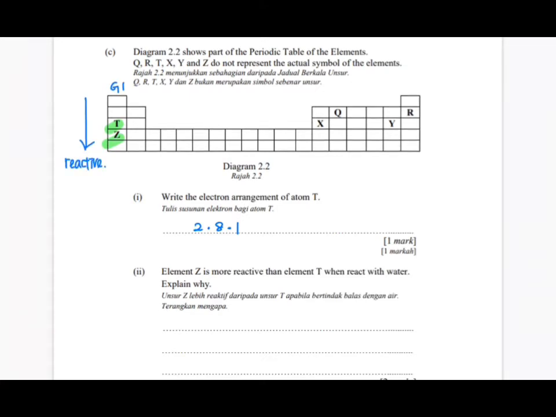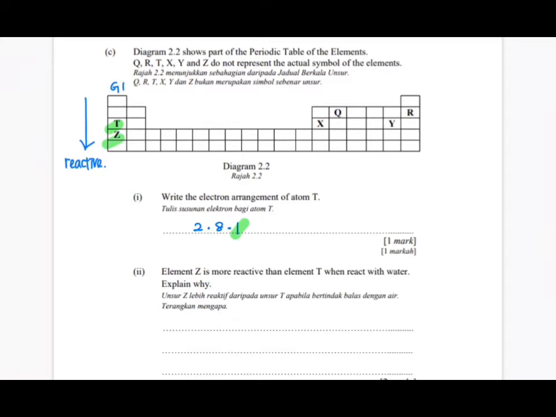All the elements in group 1 have one valence electron. So the element will tend to donate one valence electron to achieve a stable electron arrangement. The reactivity depends on how easily the element donates the valence electron.